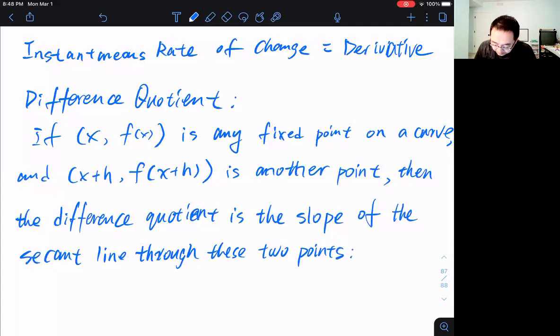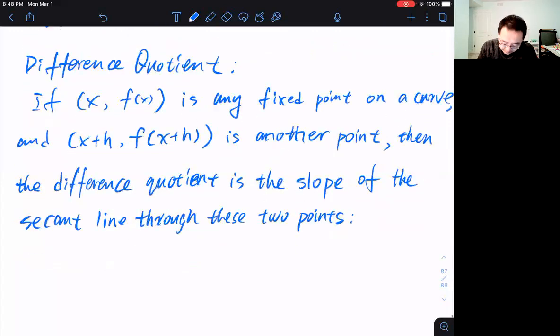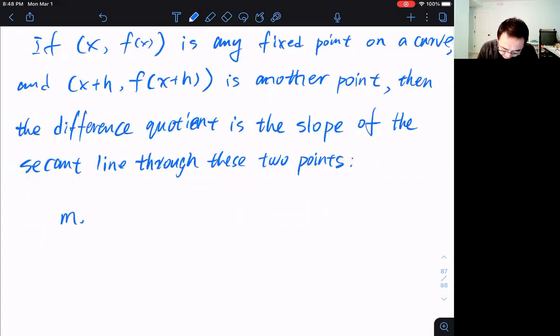Okay, so it's expressed as the slope for the secant line, SEC for the secant line, equals, just like how we calculated the average rate of change before, the y value, which is f of x plus h minus f of x.